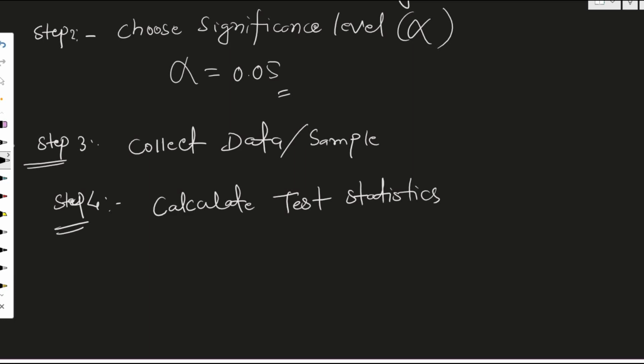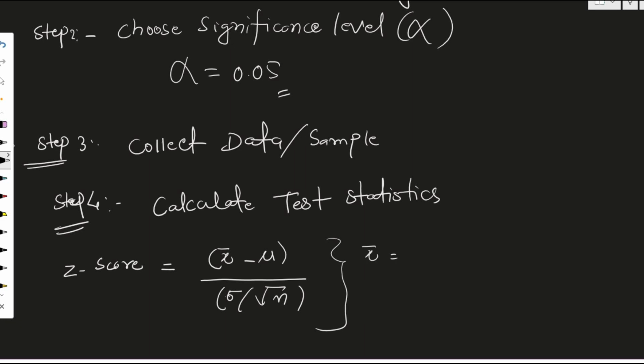So the z score value will be the sample mean by the hypothesized mean by standard deviation, I believe. Yeah, standard deviation and the number of data points.